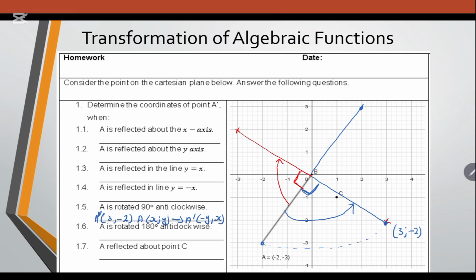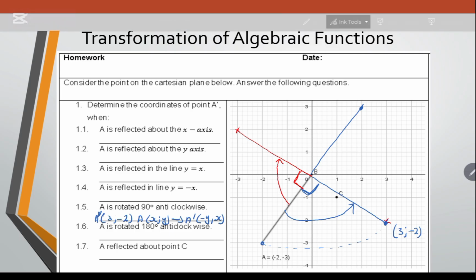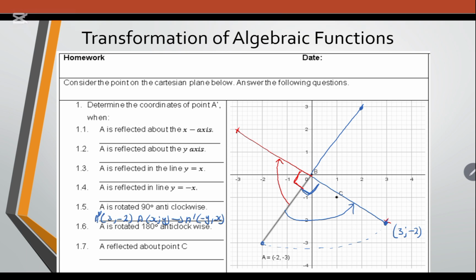Now I just also did the clockwise direction just for the purpose of learning, not according to the worksheet that is given. If the point is to be rotated about the origin 90 degrees clockwise, it will come to this point. So this will be the rotation and the point will land there.